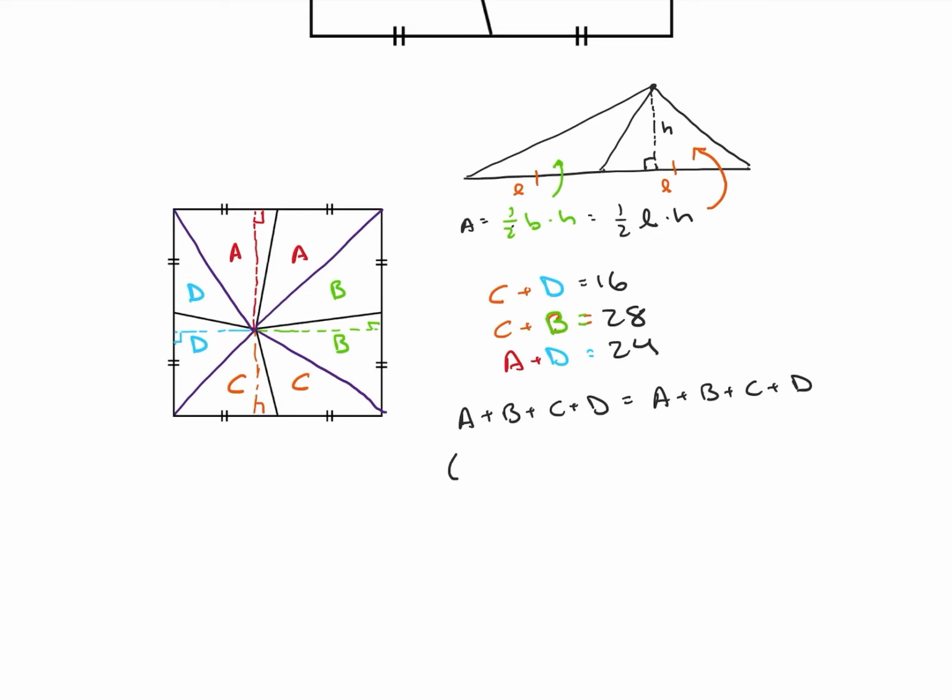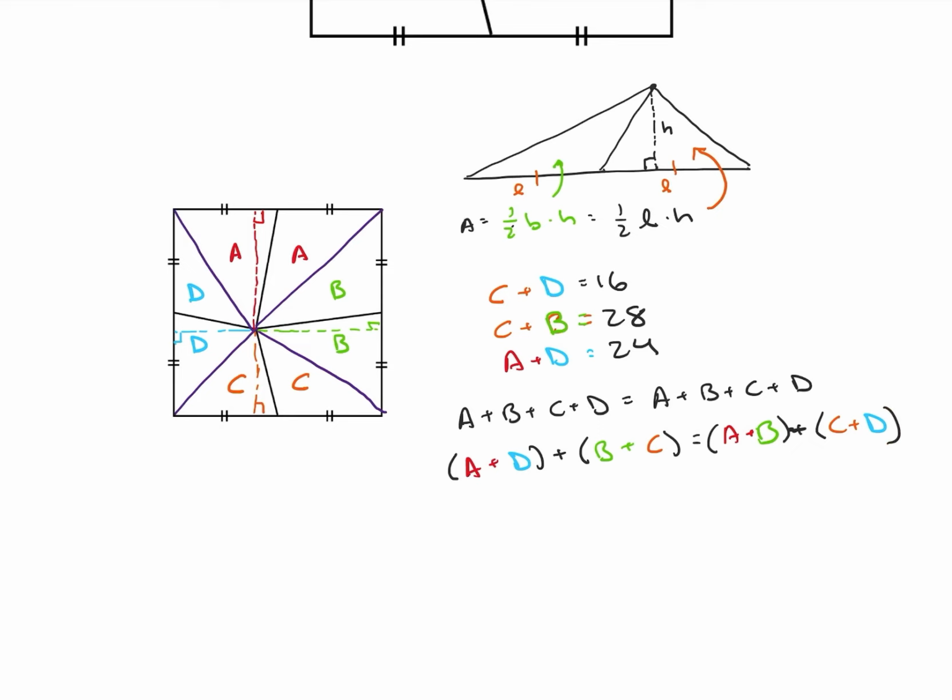I write this as A plus D, and then that plus B plus C on the left is going to be equal to, on the right, I have A plus B, plus C plus D.